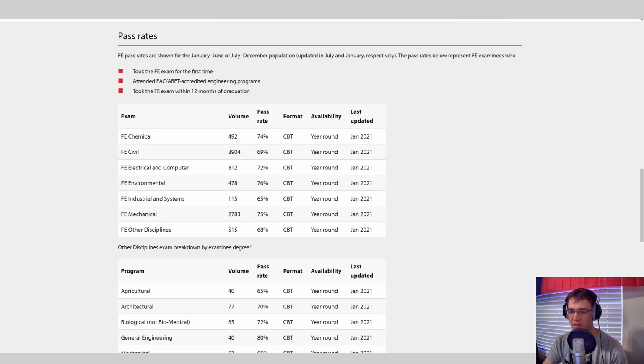Let's look at the pass rates. It looks like an overall trend of 65 to 75% pass rate, with industrial and systems being the lowest, but it also has the lowest volume of students taking it, whereas the civil exam has a 69% pass rate, but the highest number of students taking it within this relative sample size of first-time exam takers who had a degree from an accredited program and took the exam within 12 months of graduation.